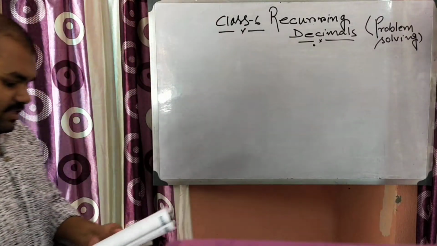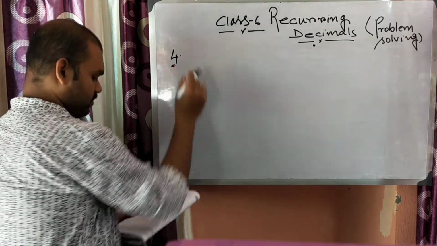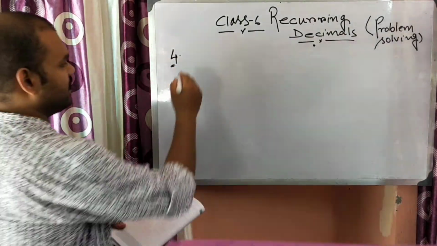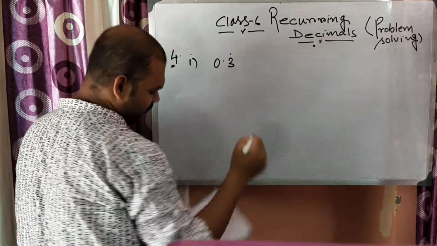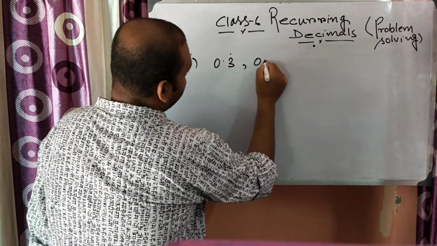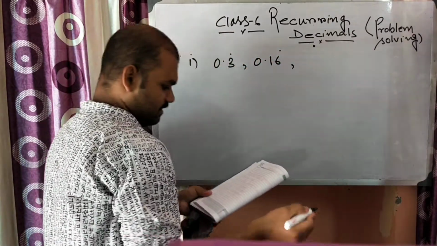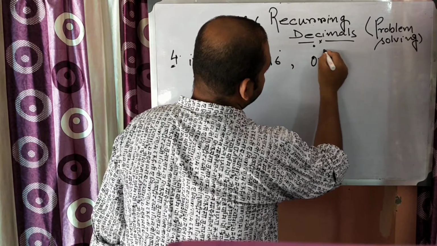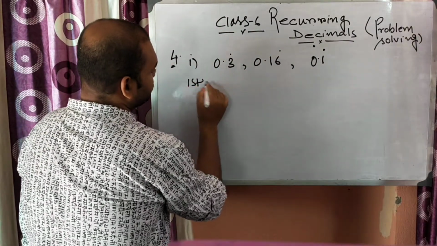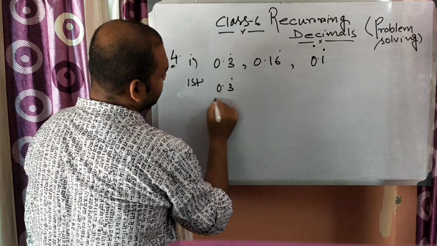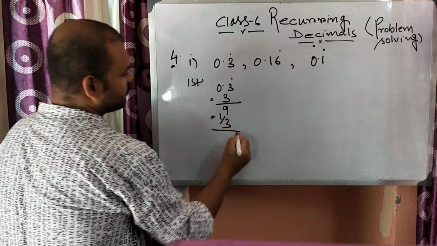Okay, next we need to arrange in ascending order and descending order. First ascending order. The first sum is 0.3 recurring, then 0.16 recurring, and then 0.1 recurring. How to do that? Very easy. For the first term, 0.3 recurring will be 3 by 9, that is 1 by 3 in lowest form.